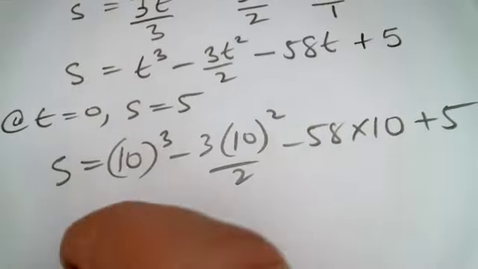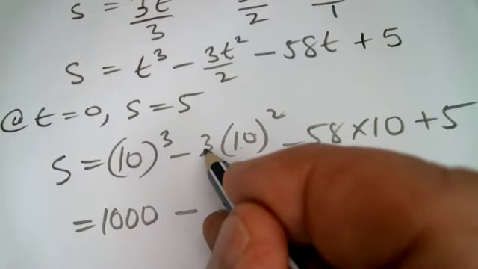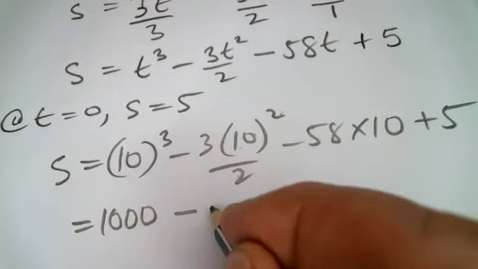Well, of course, 10 cubed is 1,000, minus, well, 10 squared is 100, 100 times 3 is 300, divided by 2 is 150. So that's 150 minus, well, 58 times 10 is 580, plus 5.